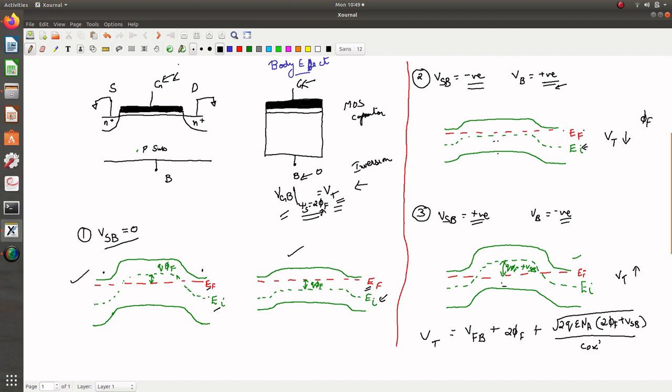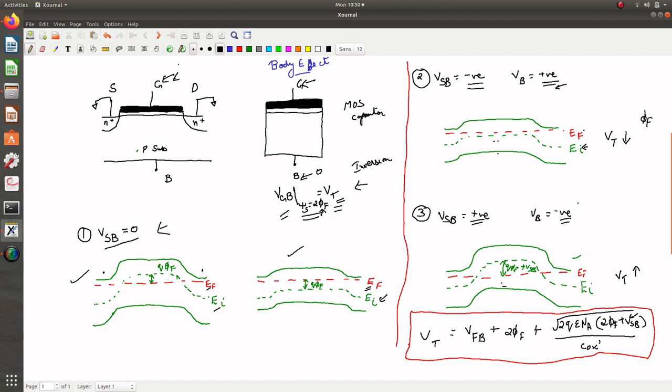If we take case by case, this equation is the new equation for the threshold voltage after considering the body effect. When VSB is 0, this term becomes 0, so it becomes the normal threshold voltage.